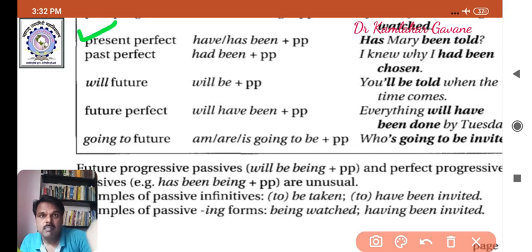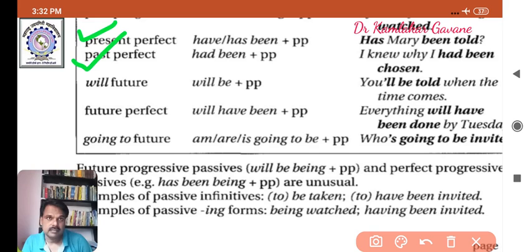Then next, past perfect: had been plus past participle. I knew why I had been chosen by them. I knew why they had chosen me. It is past, had, perfect, chosen. They had chosen me.